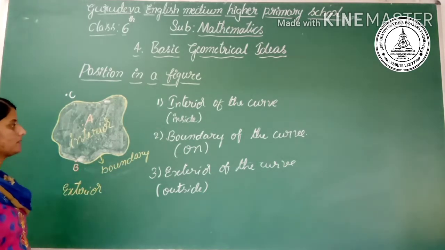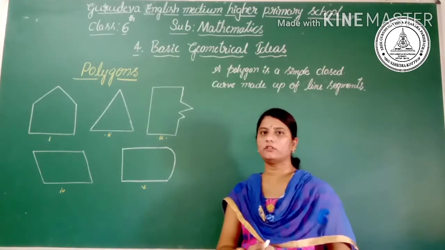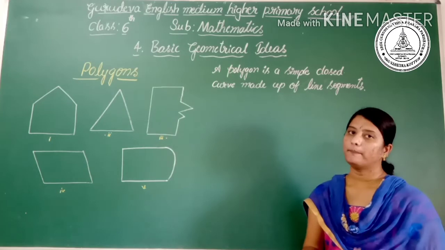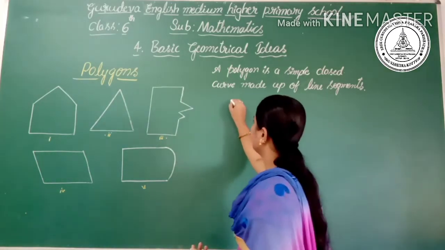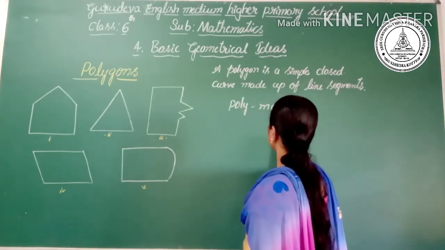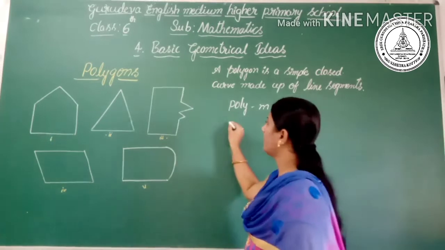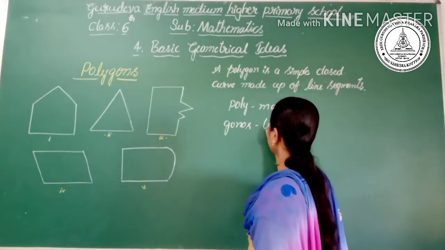The next concept is polygons. What do we mean by polygon? Poly means many, and gon means line segment.